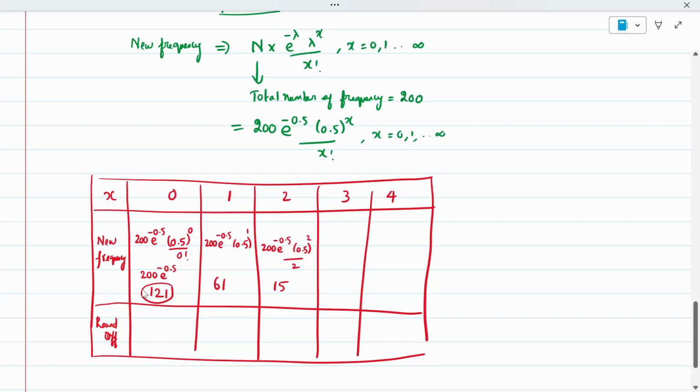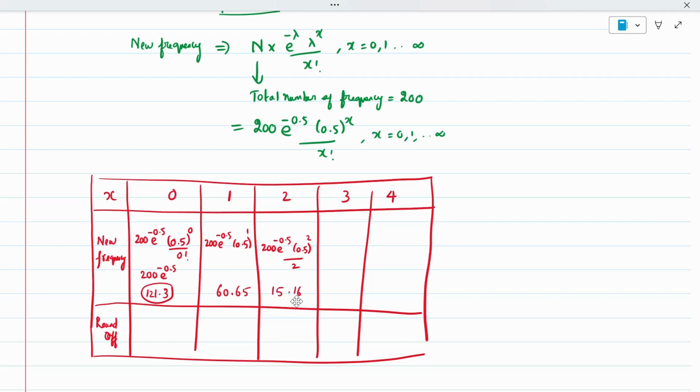Directly I round off. I will write the full answer so that you can cross check it. So I'm getting here the answer 121.3. In this I'm getting 60.65. Then 15.16.